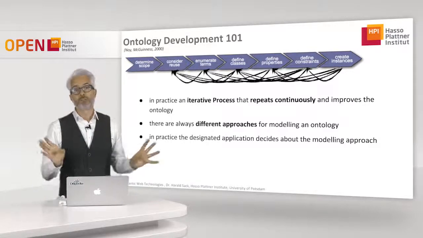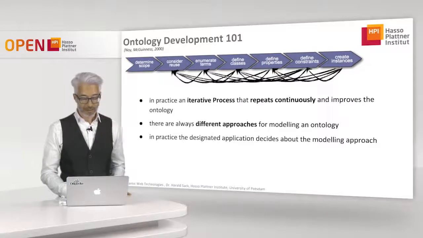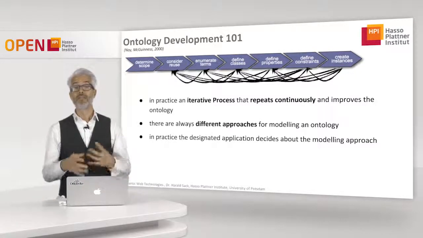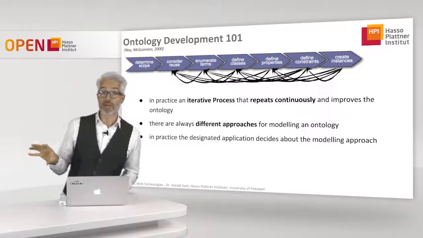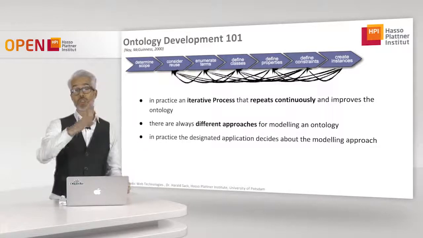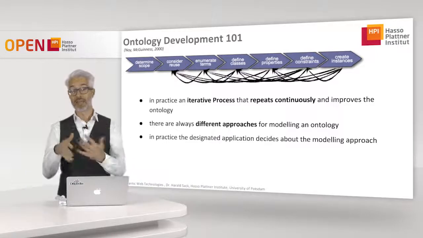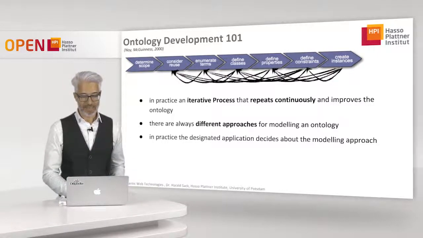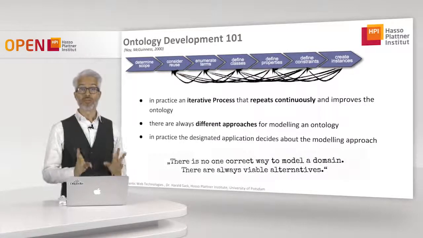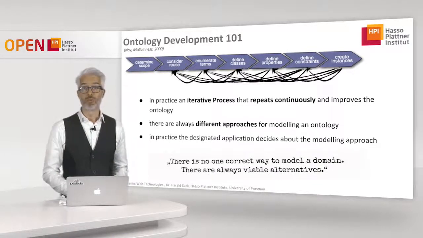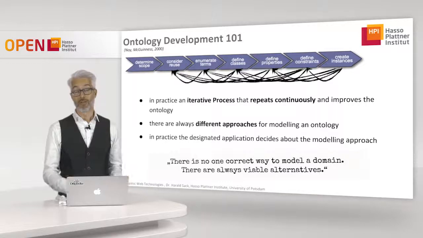Of course, there are always different approaches for modeling the ontology, and in practice, usually the application that you have in mind decides which path to follow in that kind of development cycle for your ontology. Keep in mind, there is no one correct way to model a domain ontology or to model a domain.